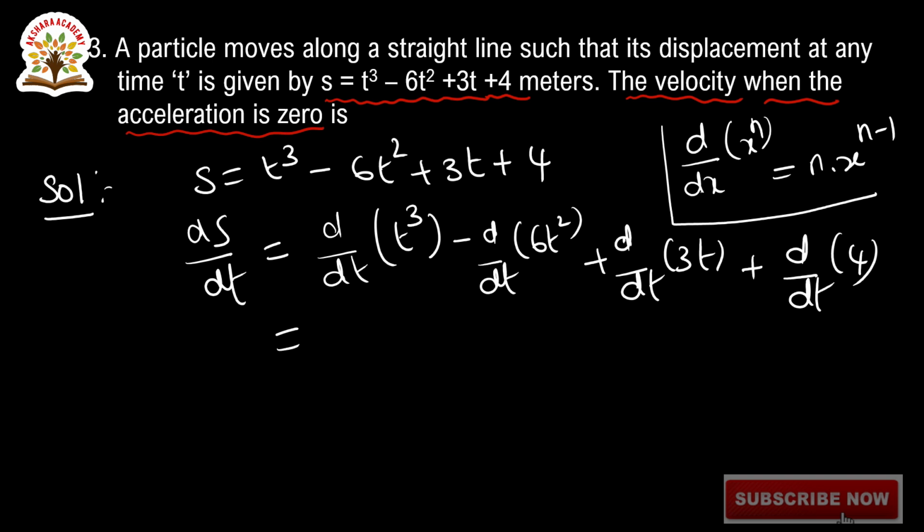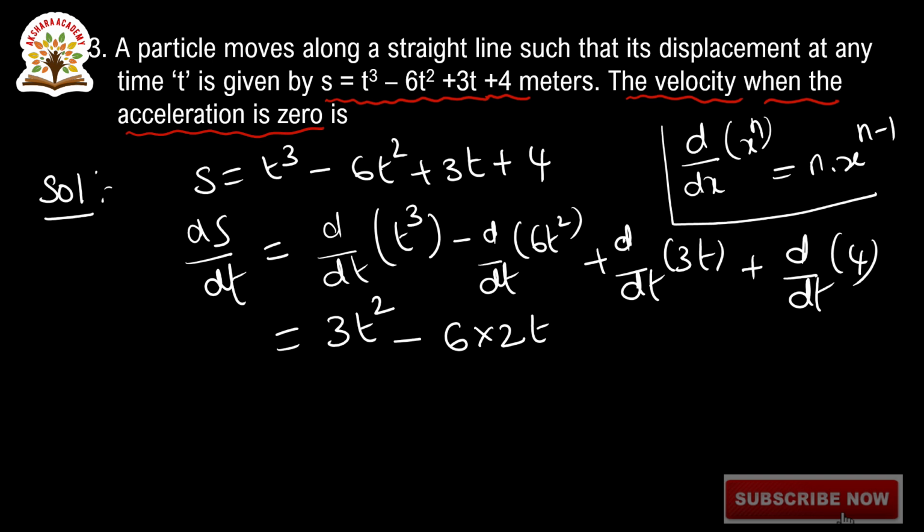So d by dt of t cube is nothing but 3t square, 3 minus 1 is 2, minus d by dt of 6t square, 6 here, t square is nothing but again 2 into t power 2 minus 1, nothing but 1.